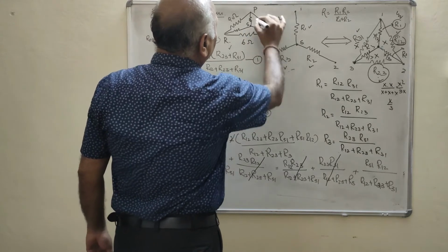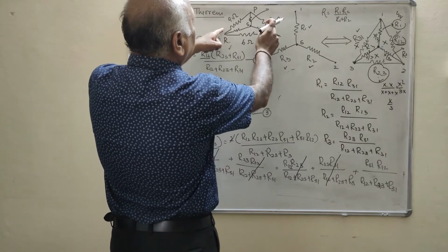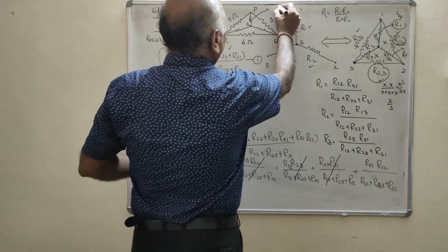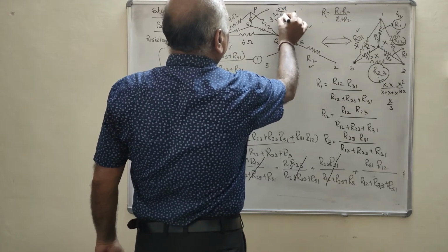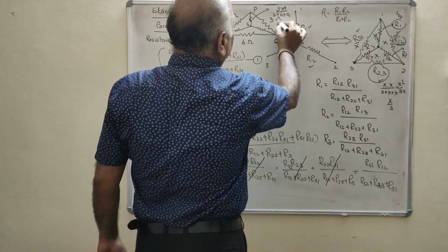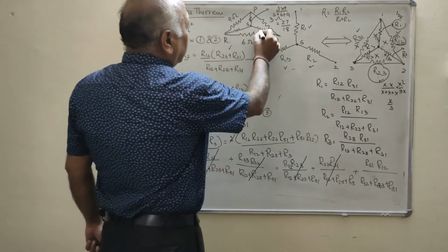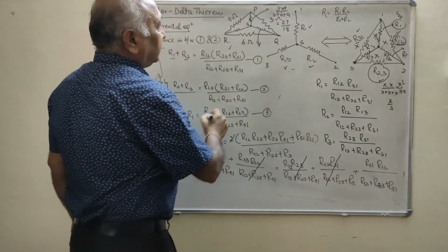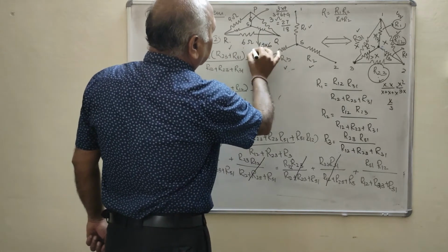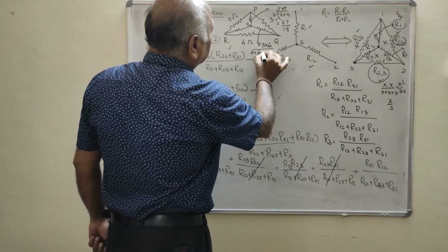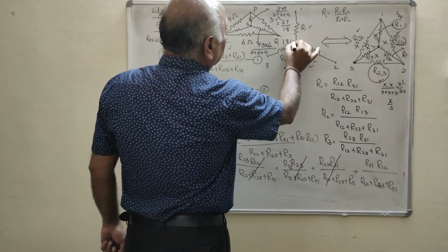Clear? Then what will be the value of this? At P, the resistances are 3 and 9. That is 3 into 9 upon 3 plus 6 plus 9, that is equal to 27 upon 18. Clear? Similarly, what will be the value of this resistance? 3 and 6 are combining, that is 3 into 6 upon 3 plus 6 plus 9, that is equal to 18 upon 18, that is 1 ohm.